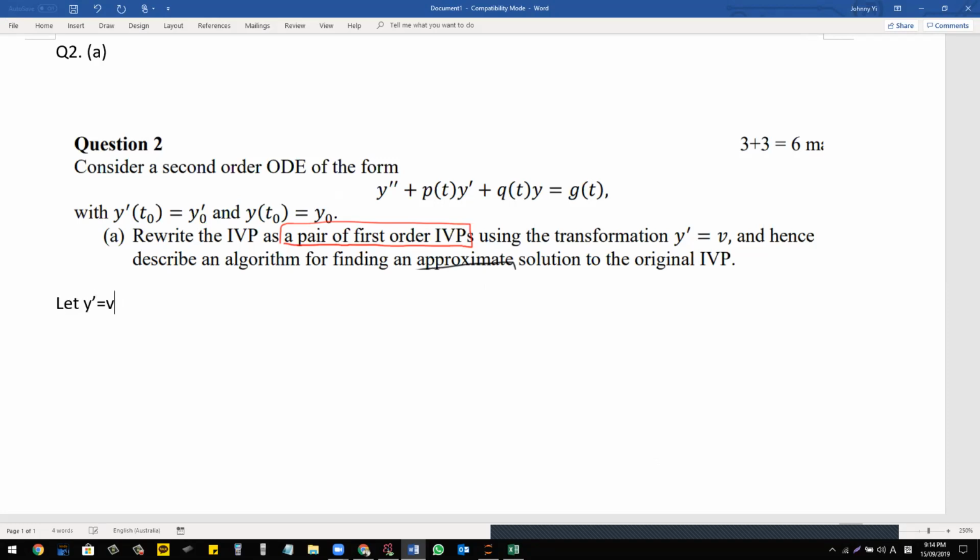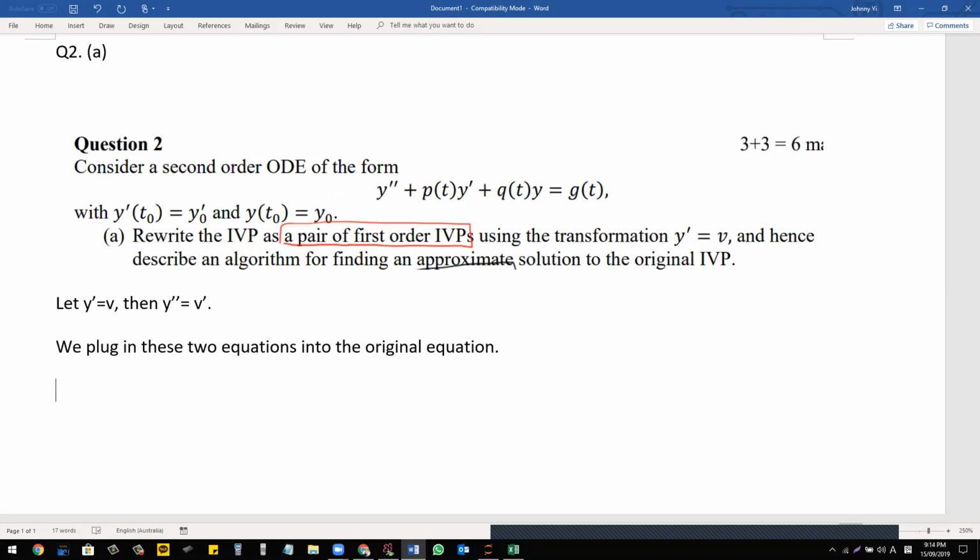Let y dash equal v. Then y double dash equals v dash. We plug these 2 equations into the original equation, okay?